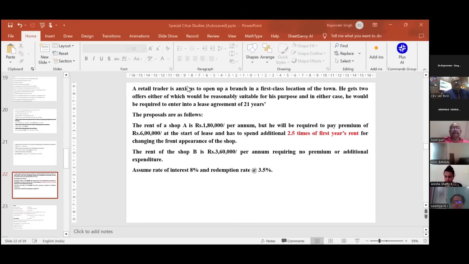Till then, please read the question carefully once again, note down the given data, and try to find out the way to solve this problem.